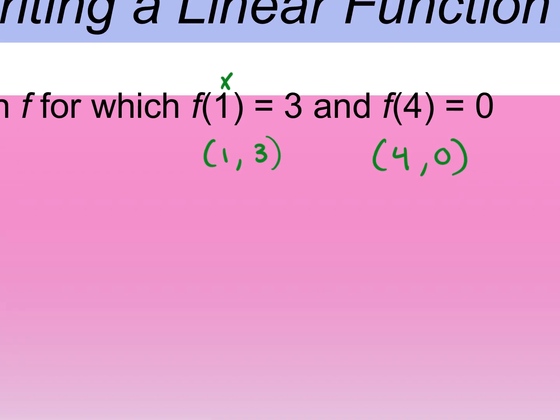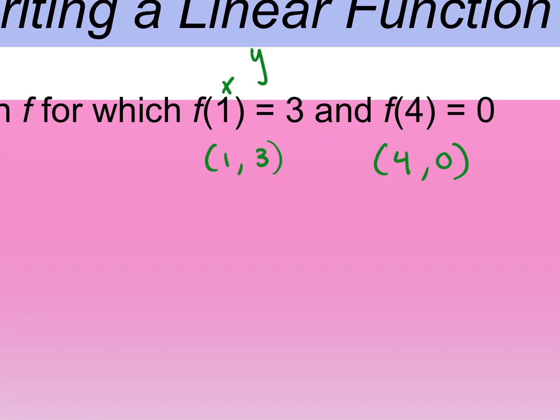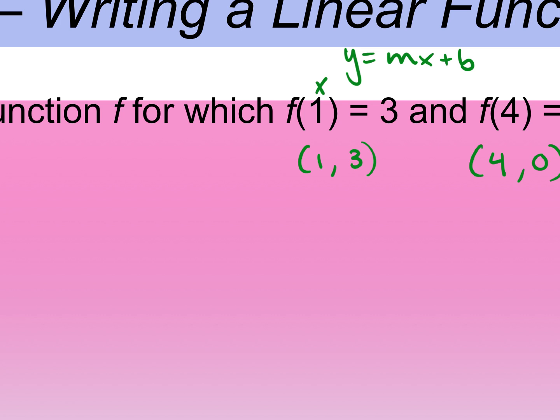If I'm going to write my line in slope-intercept form, what do I need? I need the slope. How do I find the slope? What's our slope formula? What's on top?